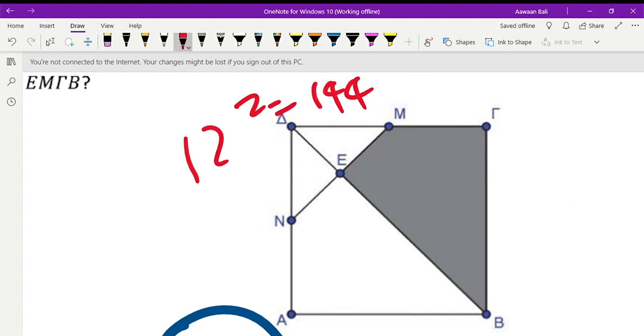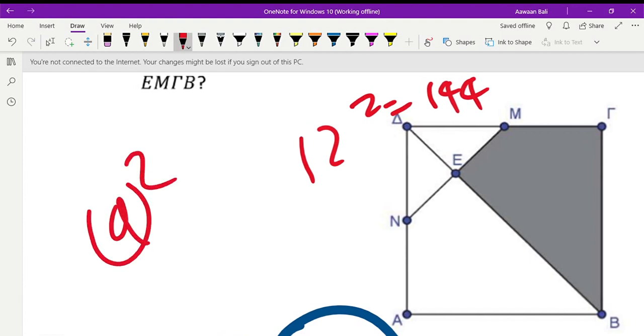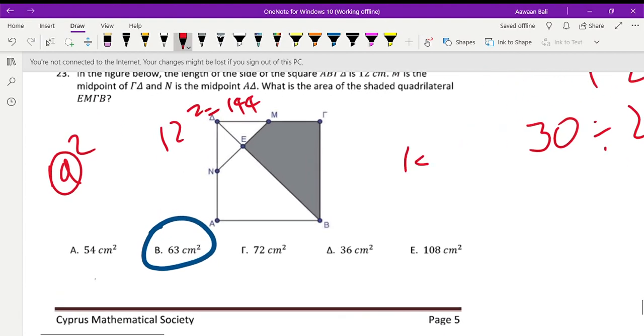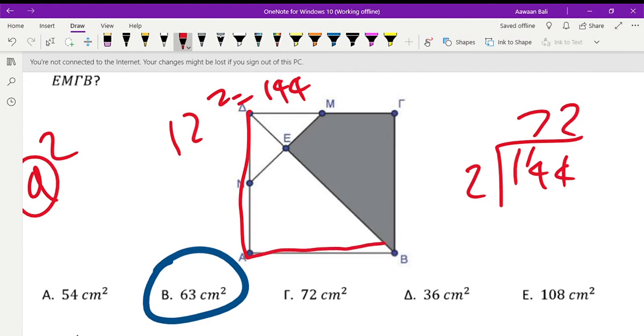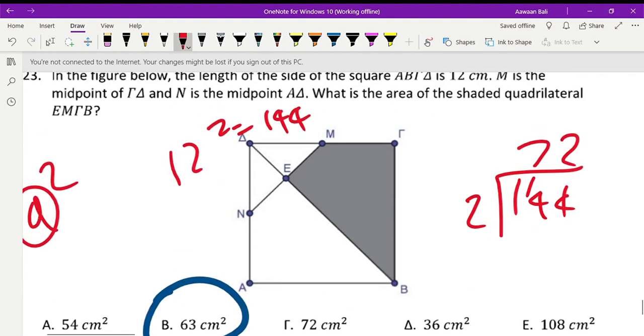So basically 12 squared is 144, since the area of a square is a squared, where a is the side of the square. We divide 144 by 2, so we get 72, which means this and this are both 72. Now we have to find the area of the small triangle.